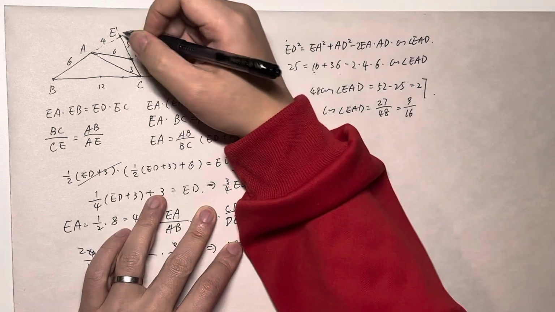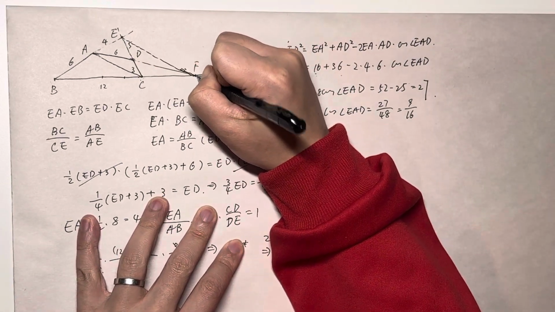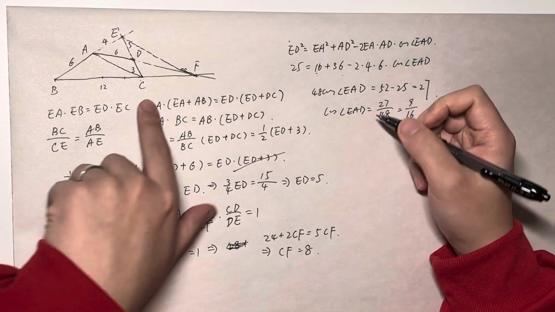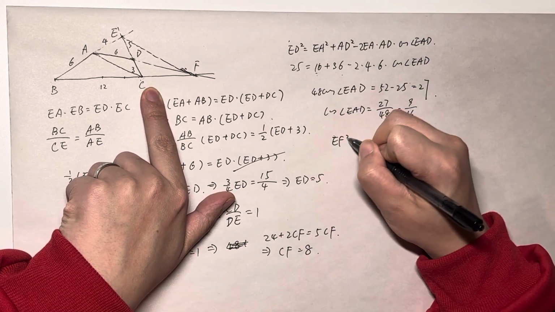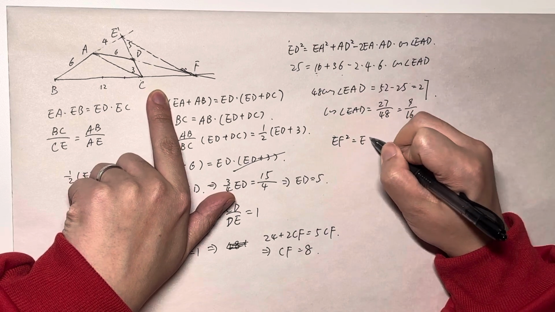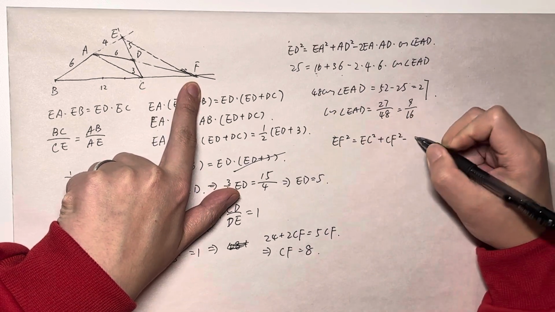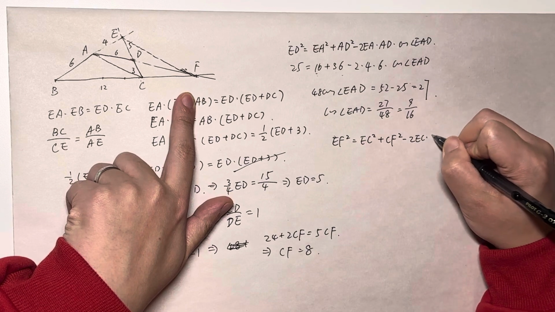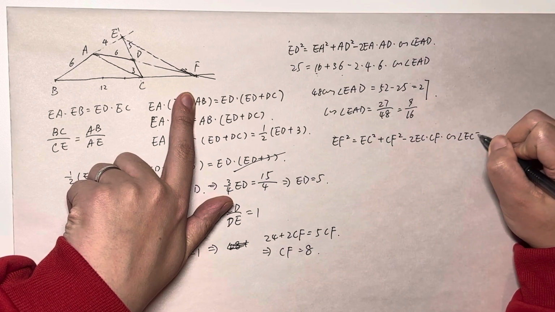To calculate the length of EF, we can still use the cosine rule. EF squared equals EC squared plus CF squared minus 2 EC times CF times cosine angle ECF.